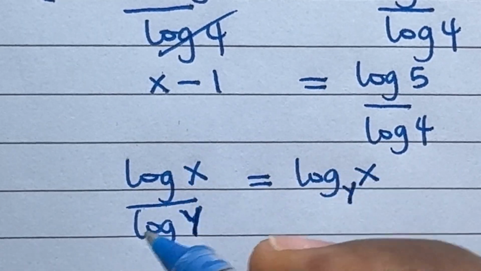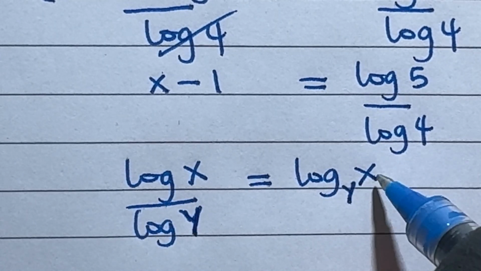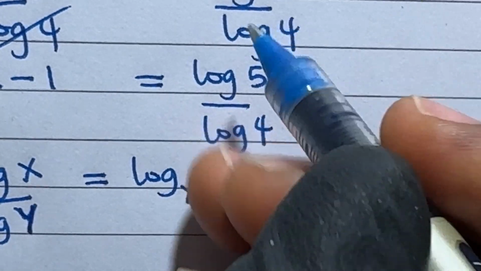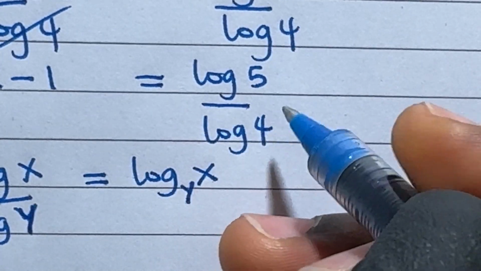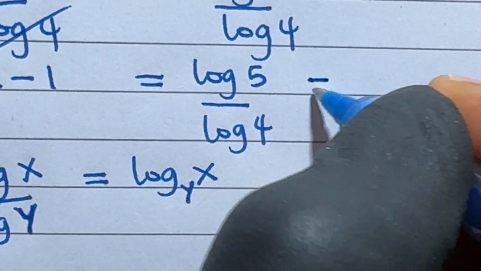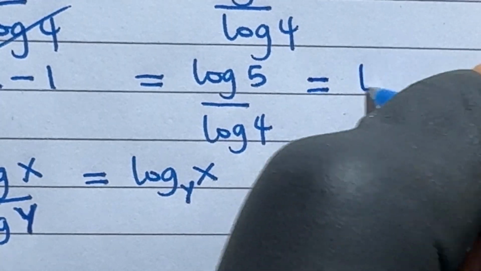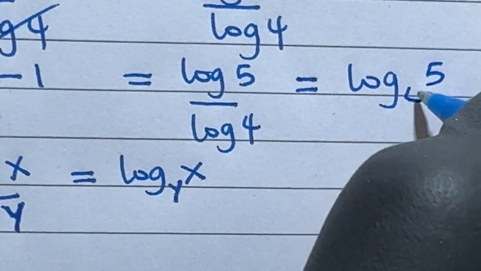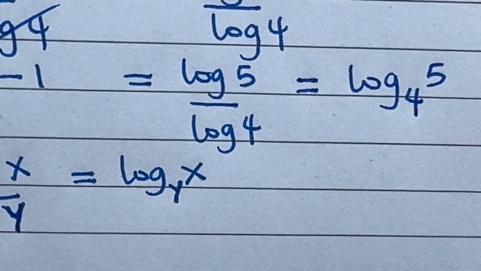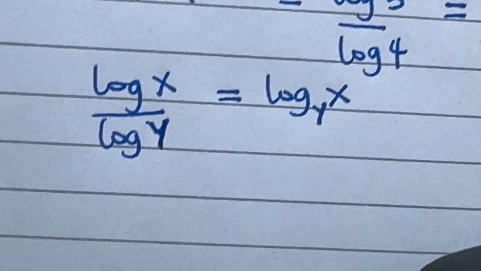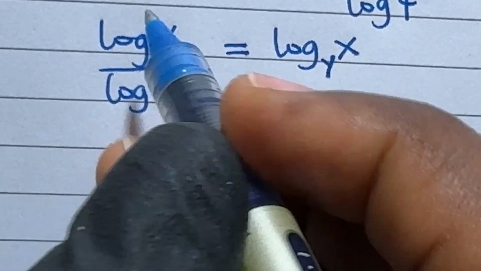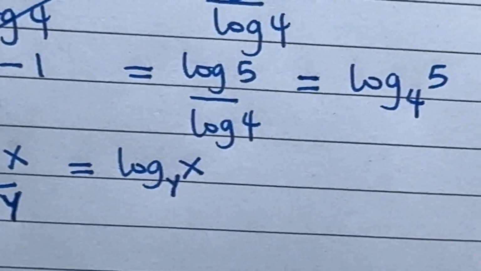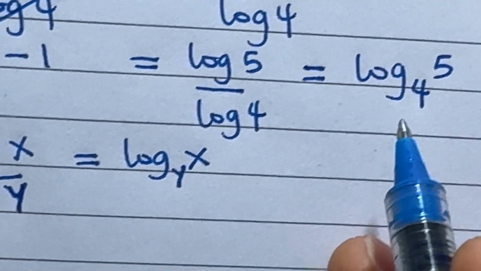So log x divided by log y becomes log x base y. So invariably, what we have here, log 5 divided by log 4, can also be expressed as log 5 base 4. So going back to our equation, x minus 1 is equal to log 5 base 4.